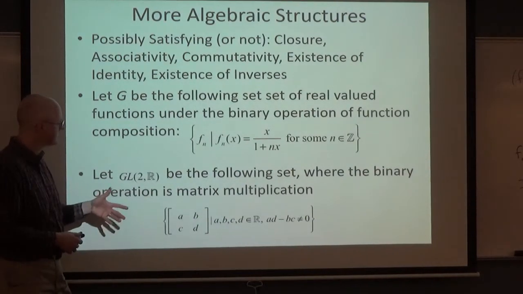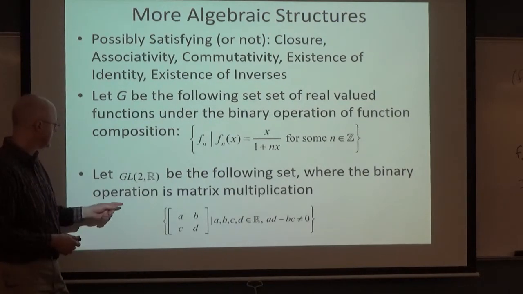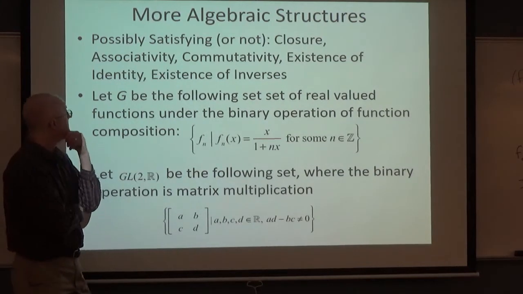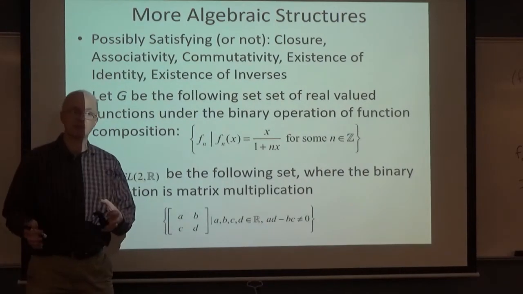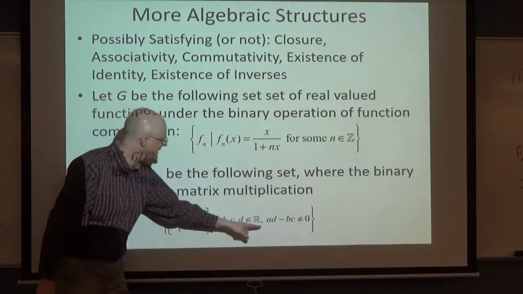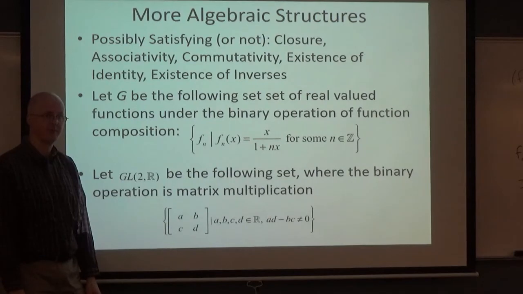So the objects of this set are matrices with that property. The operation is matrix multiplication. It's going to satisfy those properties. It will satisfy closure when you multiply 2 by 2 matrices. You'll get another 2 by 2 matrix. And more importantly, its determinant will stay non-zero.